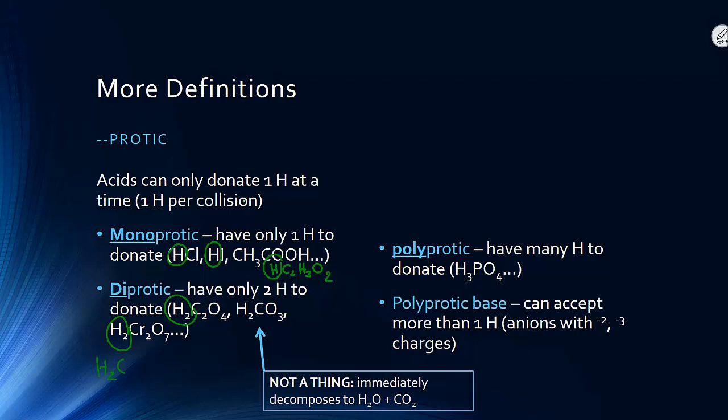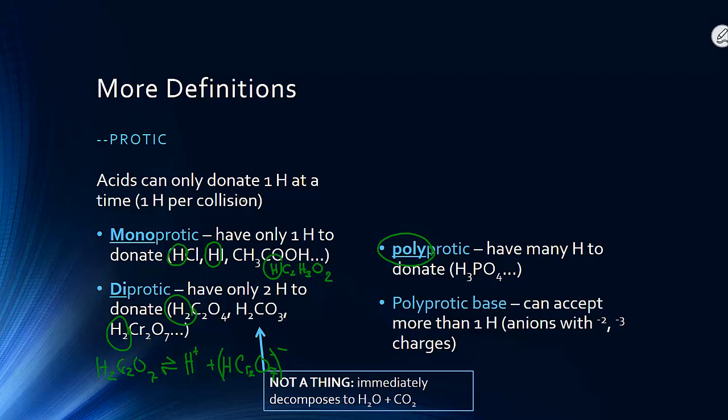So if we have dichromic acid, we would only show it losing a single hydrogen at a time, because only 1 is going to leave at a time, and then we need to look at different equilibrium expressions to determine if another would be donated and when that would happen. Beyond that, we are not going to go much further. We're not going to talk about triprotic or quadriprotic. We're just going to say anything after 2 we will define as polyprotic. All right, so for example, phosphoric acid is the only one that you might come across.